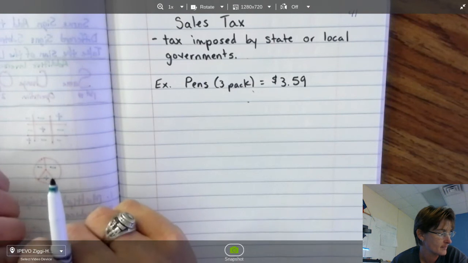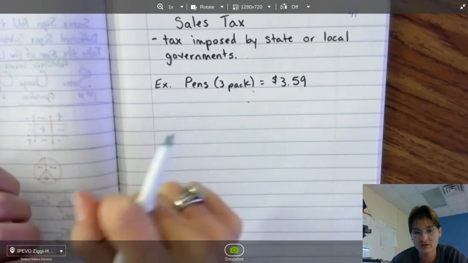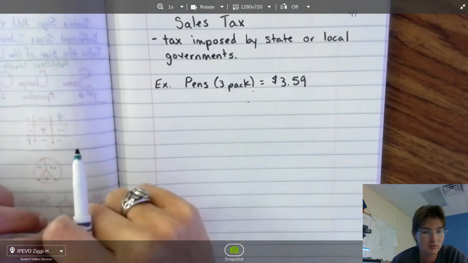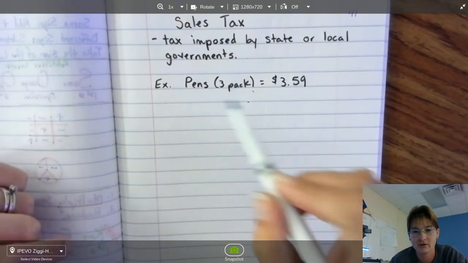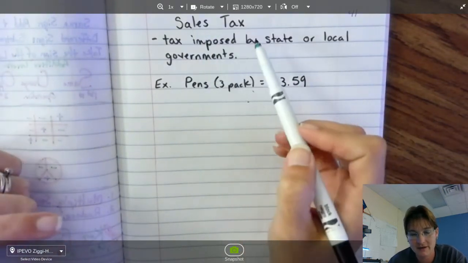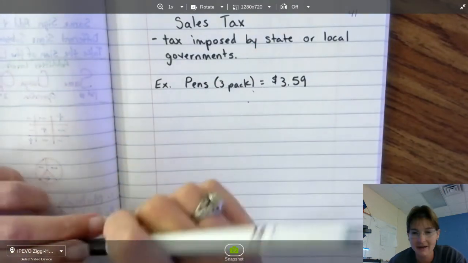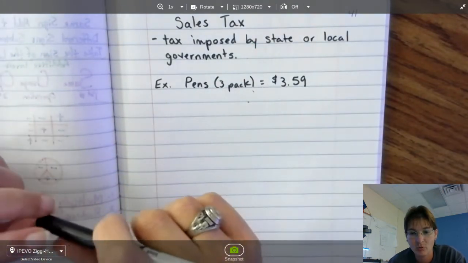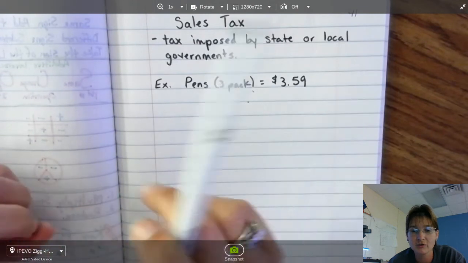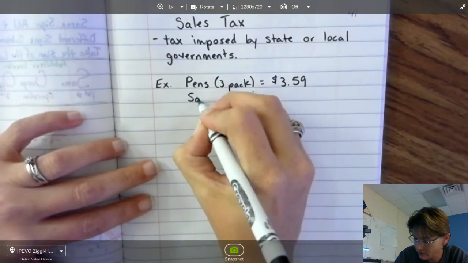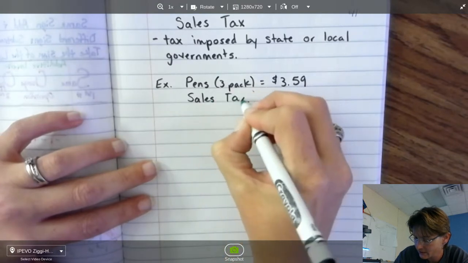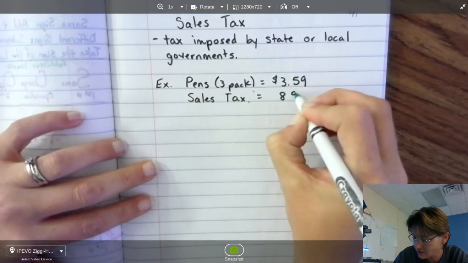When you get to the register, you don't pay exactly $3.59 for it. There's what is called the sales tax. And typically the sales tax is 8.5%, but in this scenario, we're going to put on here sales tax equals 8%.